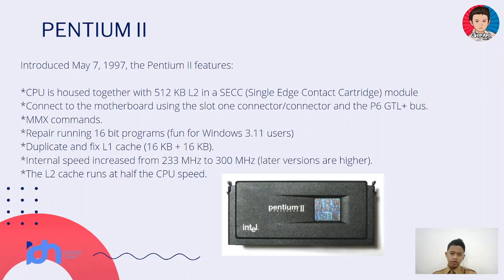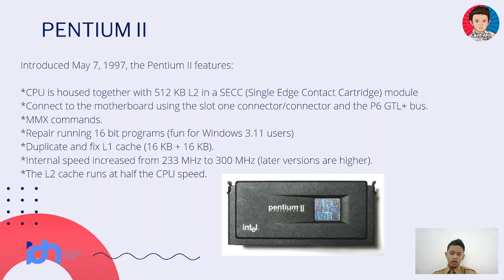The Pentium 2 features an enhanced CPU together with a 512 KB L2 cache in a SECC. SECC is single-edge contact cartridge module. And it connects to the motherboard using the slot and connector and the P6 GTL plus bus.